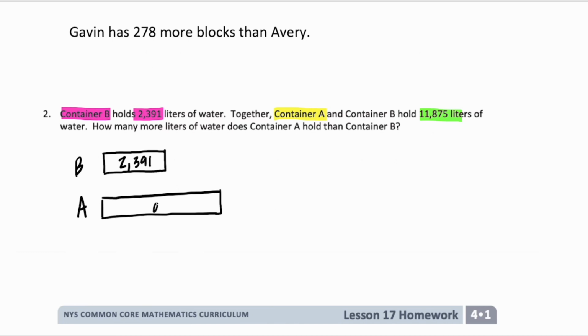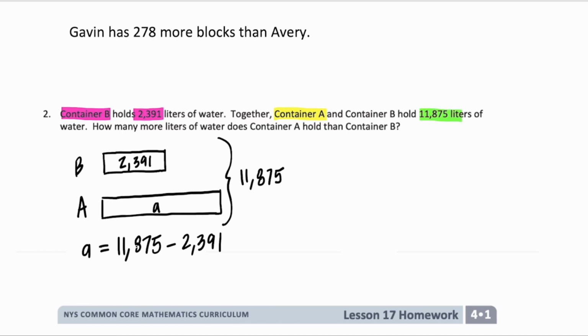They don't tell us what A is, so I'm going to put A. They tell us together that it is 11,875. So in order to get A, I'm going to subtract from the total of 11,875 minus the part that I know, 2,391.